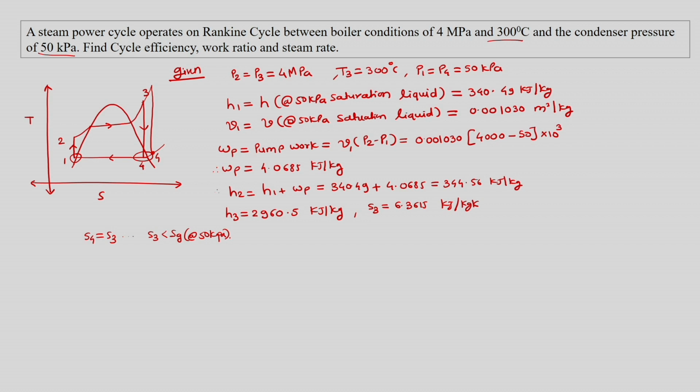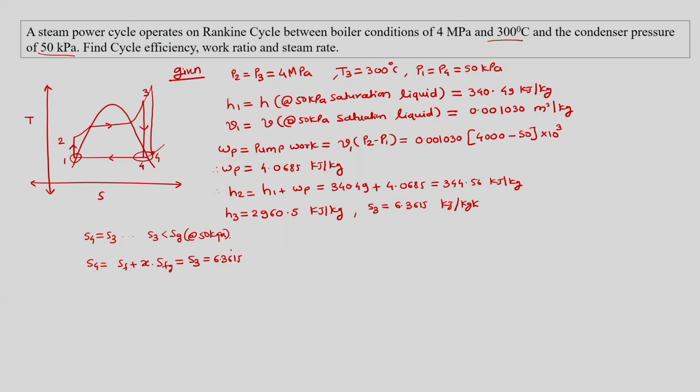So we have to find out the dryness fraction at state 4. S4 is equal to Sf plus X into Sfg, which is equal to S3, and S3 is 6.3615.